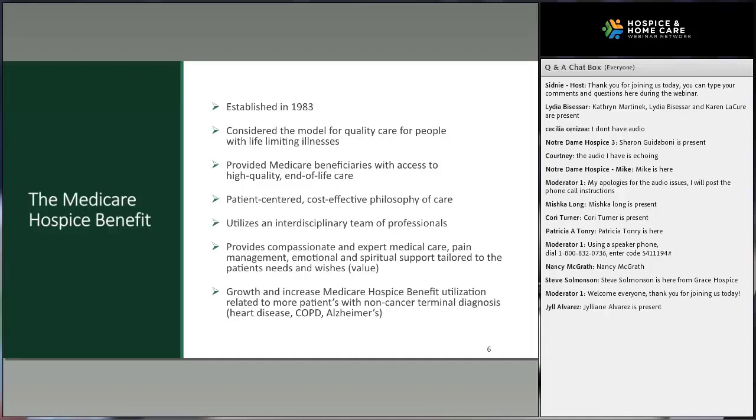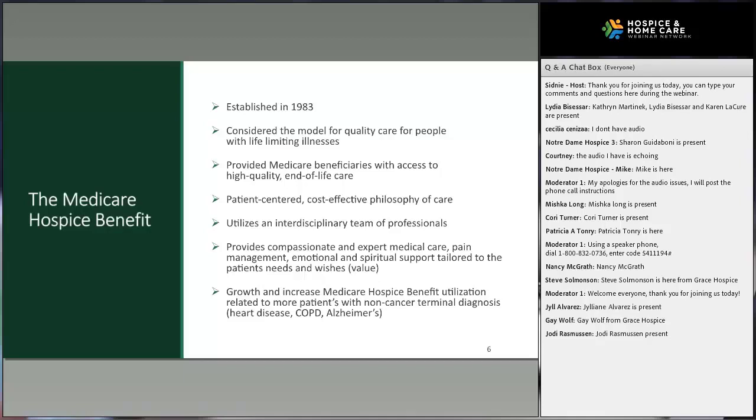Hospice uses an interdisciplinary team of professionals, so it is team-driven. It provides compassionate and expert medical care, pain management, emotional and spiritual support that is tailored to the patient's needs and wishes, which we will learn is a hospice value.